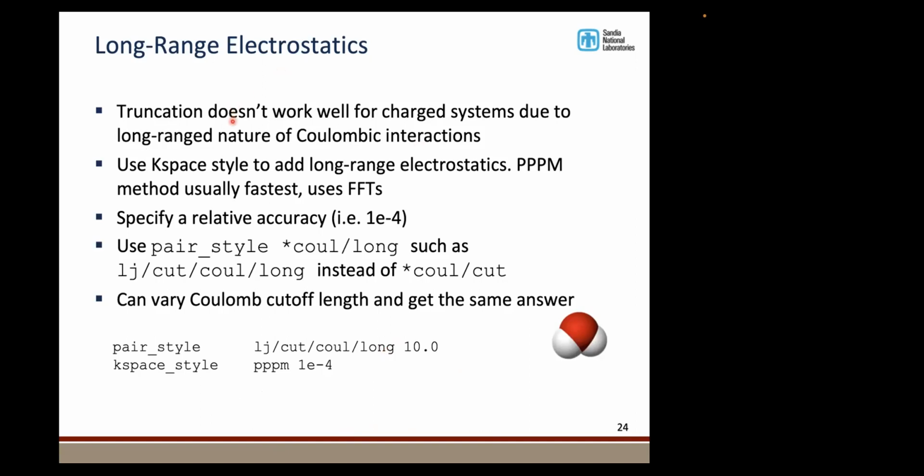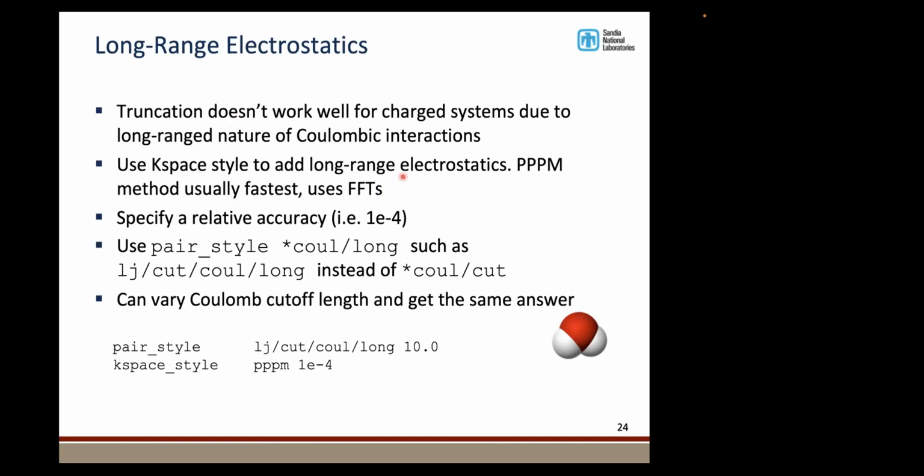And truncation: the Coulombic interaction is 1/r, and it's very long-ranged. And so just truncating it like we do with, say, a Lennard-Jones potential, like that potential I showed you, with a spherical cutoff, is not a good solution because you are neglecting the long-range part. And it decays very slowly.